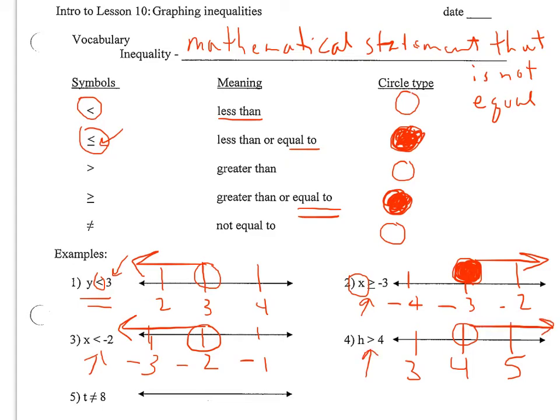Now some students observe that the way that the symbol points, like in number 4, it points to the right. That's the way you draw your arrow. That is true only if the variable is on the left-hand side. And notice in this equation it is on the left-hand side, so that works in this case.